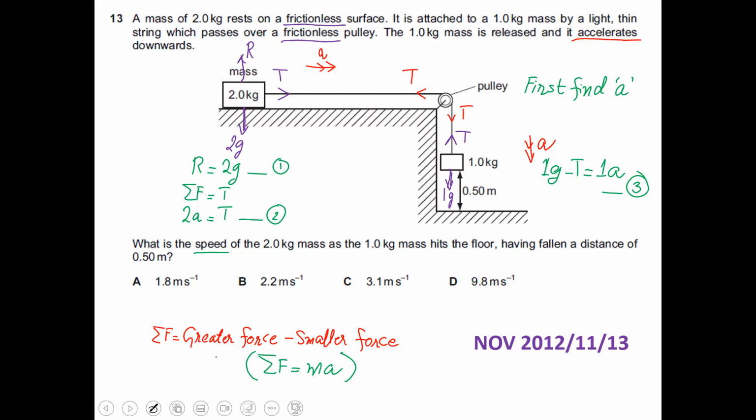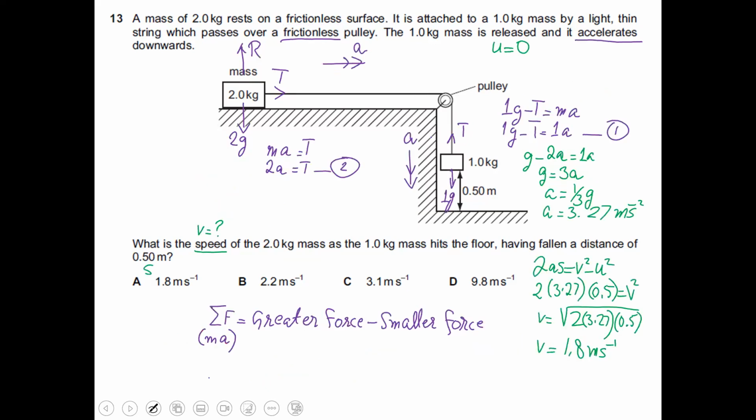Sir, is A 3.3? 3.27? I'm getting acceleration as 3.27.